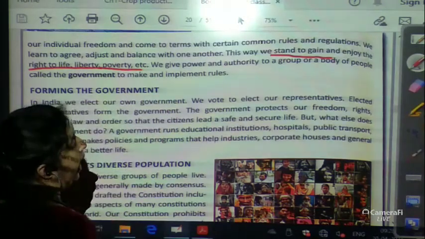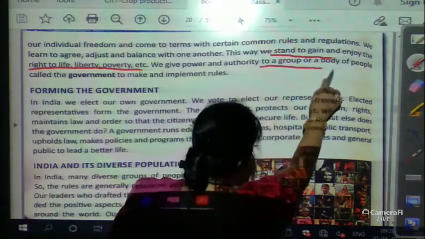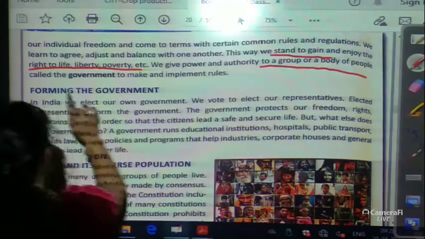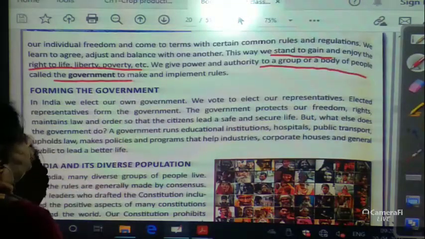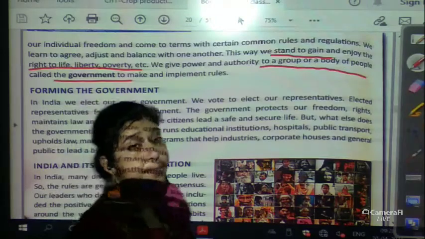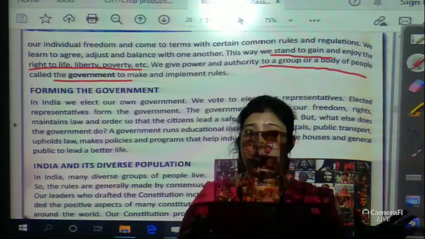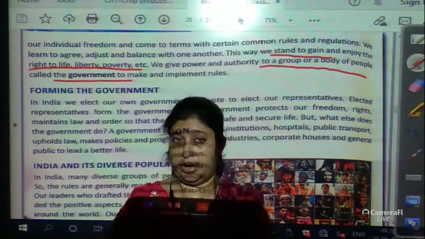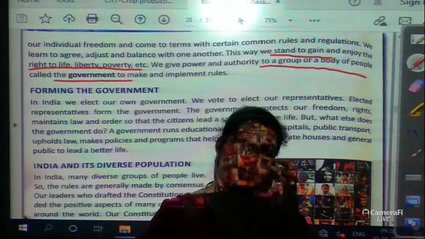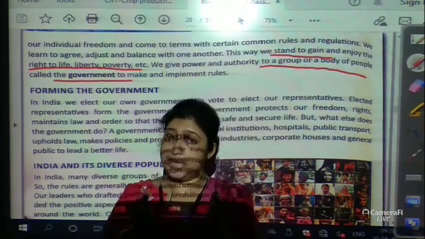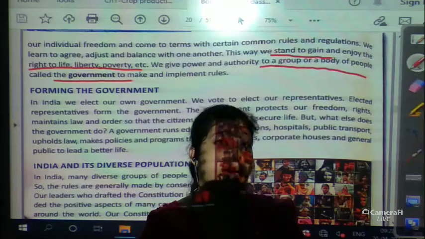We give power and authority to a group or a body of people called the government to make and implement rules. Just a few days ago, the election was over. We select our representatives through the election.